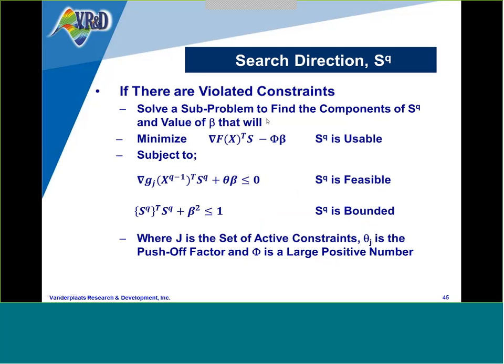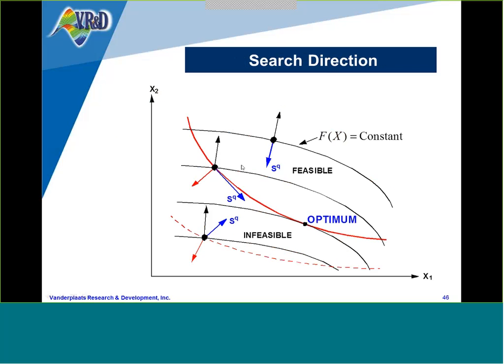If we have violated constraints, we'll have the push-off factor. What it does is, if you have no active constraints, you go in the steepest descent direction, or what's called a conjugate direction if you take more than one iteration to hit a constraint. If you have an active constraint, you'll find a search direction tangent to it, but you can see you may go infeasible right away. If you have a violated constraint, you'll find a search direction pushing you back to the feasible region.